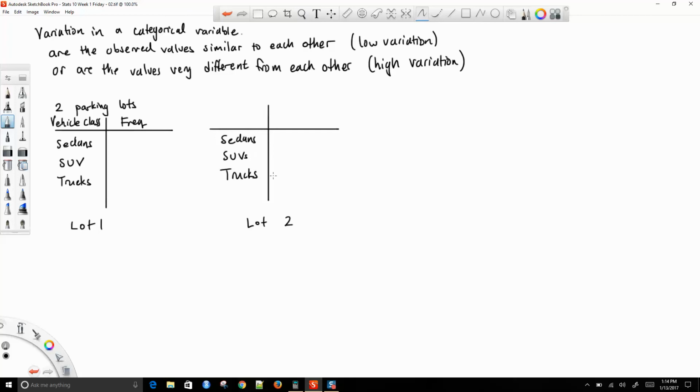At lot 1 we have 30 sedans, 31 SUVs, 30 trucks. And at lot 2 we have 5 sedans, 10 SUVs, and 60 trucks.